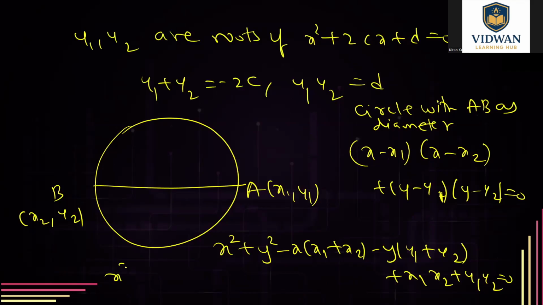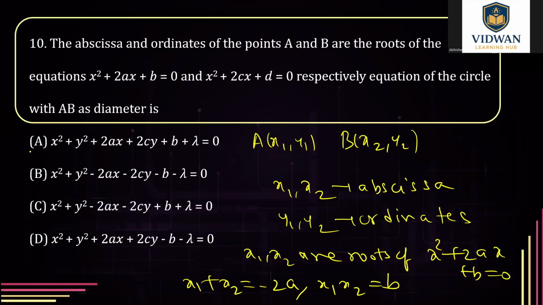So here it becomes x square plus y square plus 2ax, and y1 plus y2 replaced with minus 2c becomes plus 2cy. x1 x2 you can replace with b, and y1 y2 you can replace with d. So this is the equation that you get in diametric form. So option A is the answer. It's looking like lambda there, but actually it is d, a printing problem. So you can correct it.